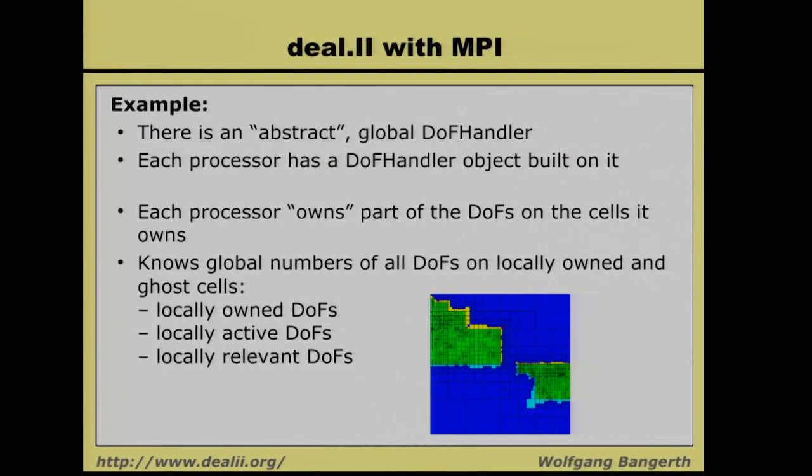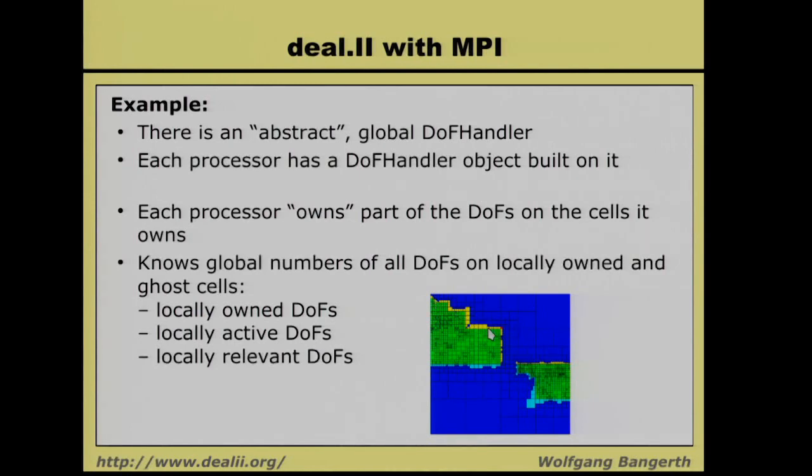So that's what we call the locally active DOFs, and then there's a third class that we call the locally relevant DOFs. These are all of the degrees of freedom that live on the cells we own, plus the ones that live on the ghost cells. That's the one layer of cells around our own domain that we have knowledge of locally.